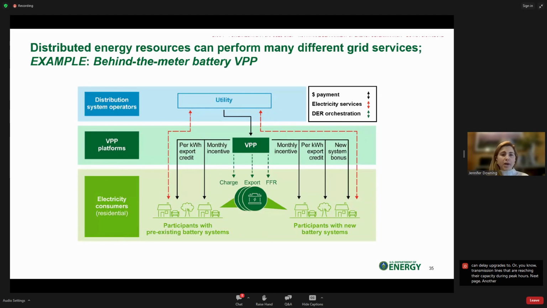Another example of a virtual power plant would be an aggregation of batteries. Now, I'll show this page without explaining everything to give you a bit of a teaser that in the liftoff report, you can find a variety of different business models and case studies that break down the different services by VPPs and how they are paid either by utilities or through participation in wholesale electricity markets.